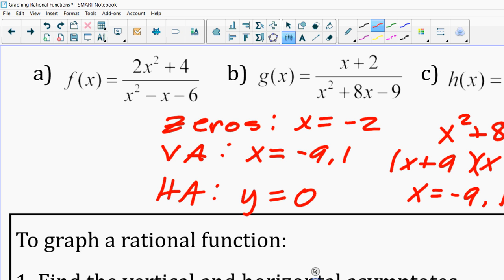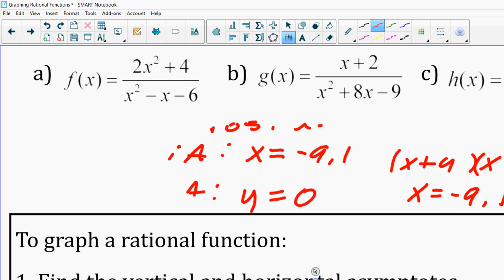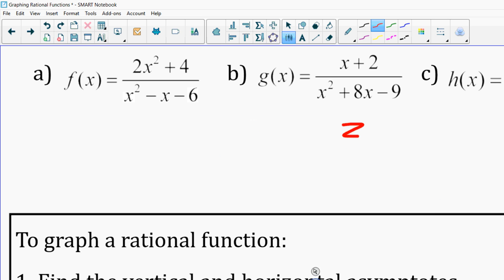You try this last one. Try zeros first. When does a fraction have zeros? When the numerator equals 0. Good. When is that numerator equal to 0?